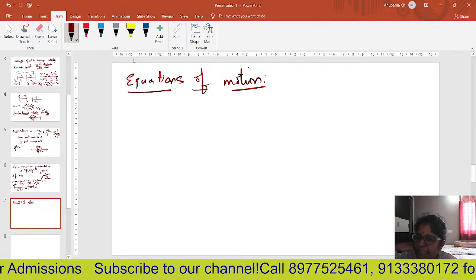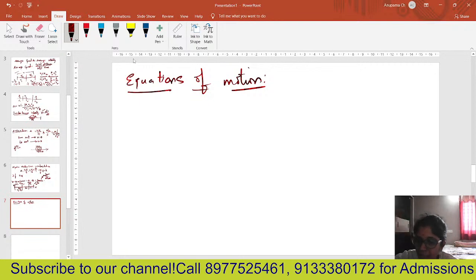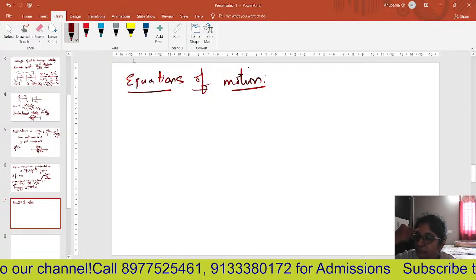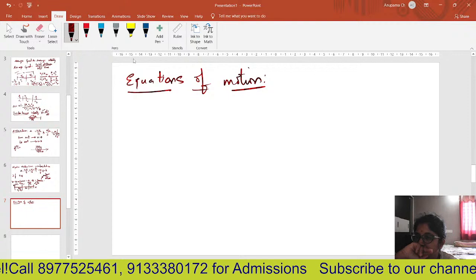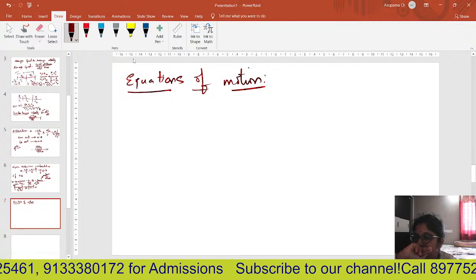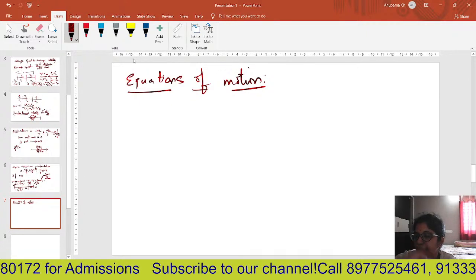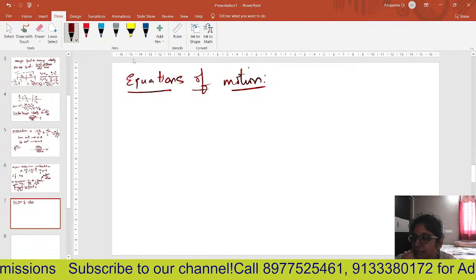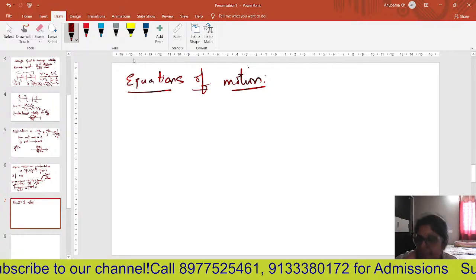Can anyone write at least another one? One is over here. Hasini, yes. Write down the equations, whatever you know. Exactly, Zareen, correct. Karthik, v square minus u square is correct, absolutely. Fatima, yes, correct.